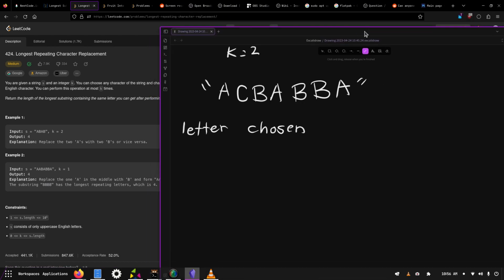This is an example input I had earlier based off the one that they gave us in the problem. And I had a few insights with this example input. The first being that I'd initially thought that we're looking at one character, and we could have at most one other character that we can replace.